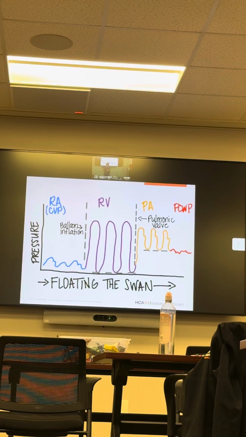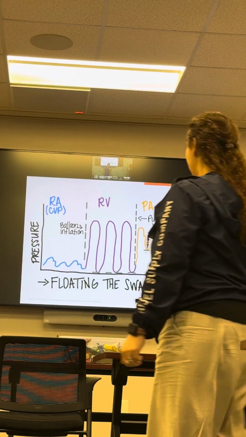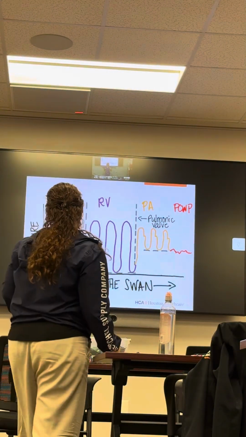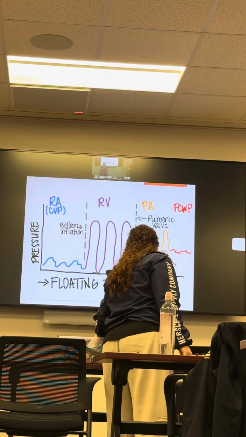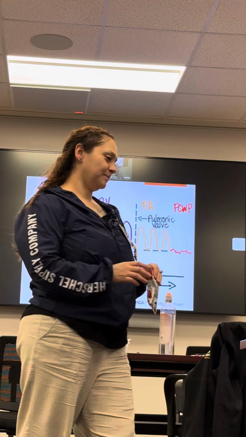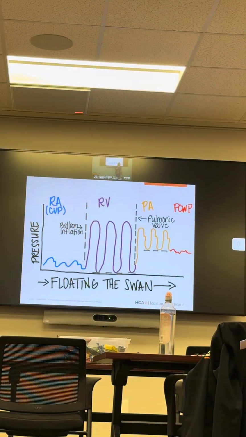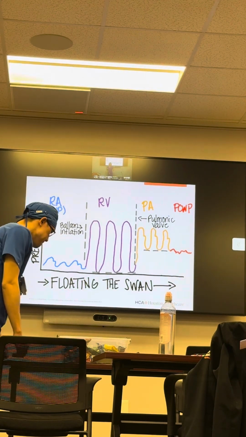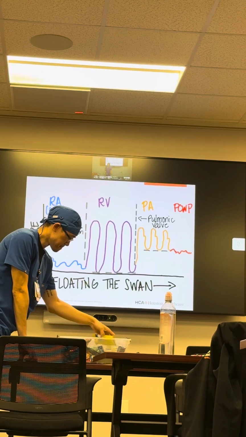We take this value after they have exhaled all their air, meaning their chest pressure is normalized to atmospheric pressure. So at the end of exhalation, we get a pulmonary capillary wedge pressure, or our assessment of the left-sided filling pressure. And that number is typically 6 to 12, 8 to 15 range.